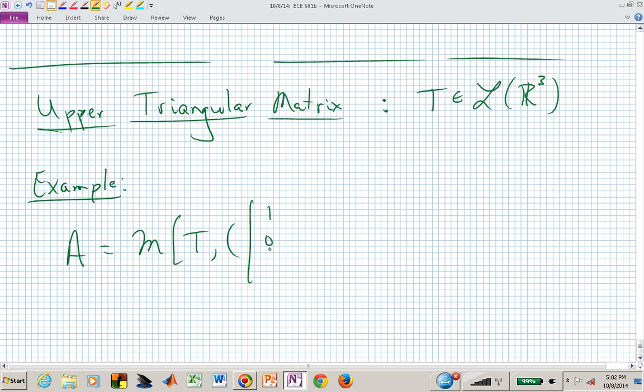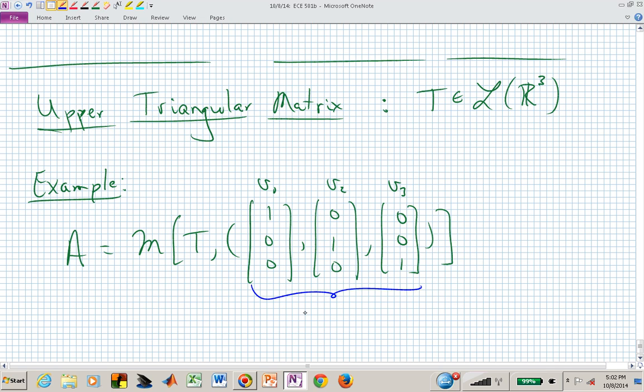Let's say that we now have in 3-dimensional space the V, let's say this is V1, V2, and V sub 3. This is our standard basis.